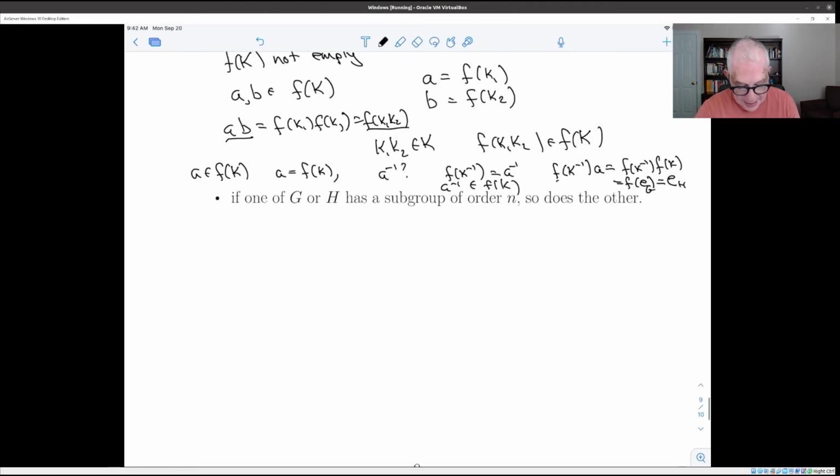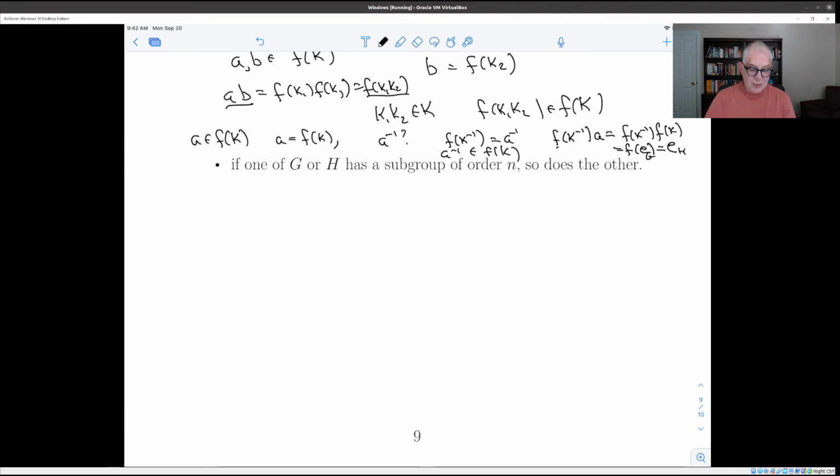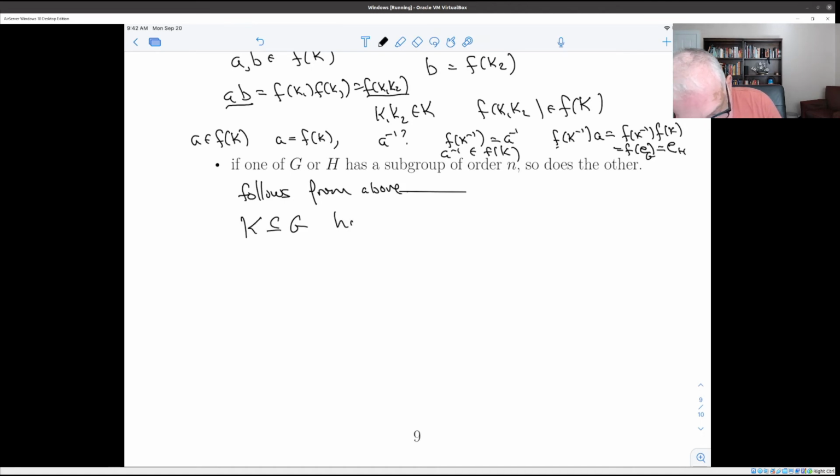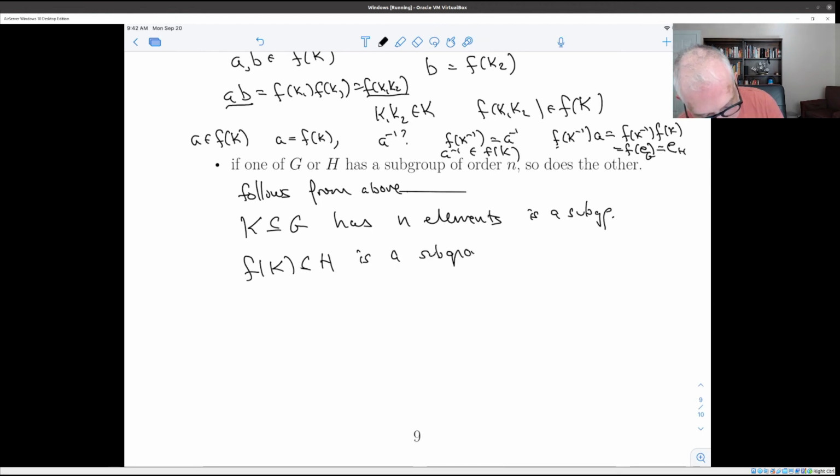And finally, if one of G or H has a subgroup of order n, then so does the other. That follows from the preceding result. Because if K contained in G has n elements and is a subgroup, then F of K contained in H is a subgroup, and it also has n elements.